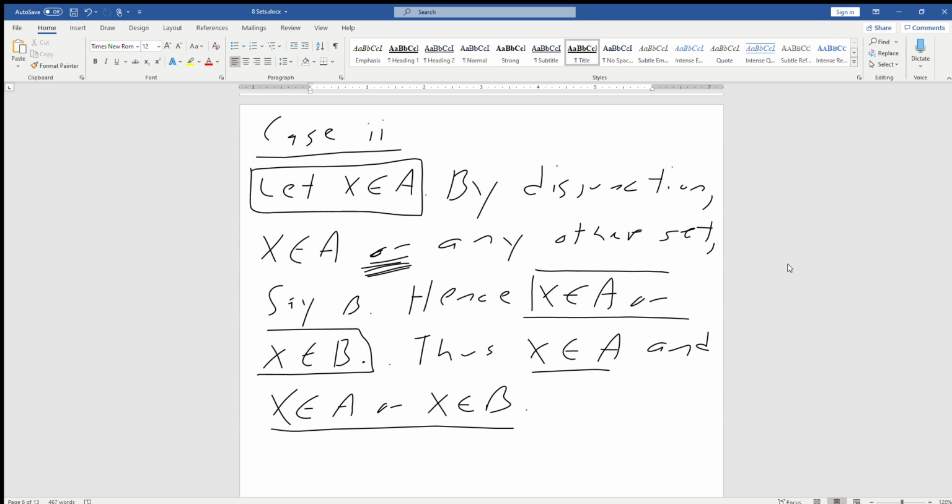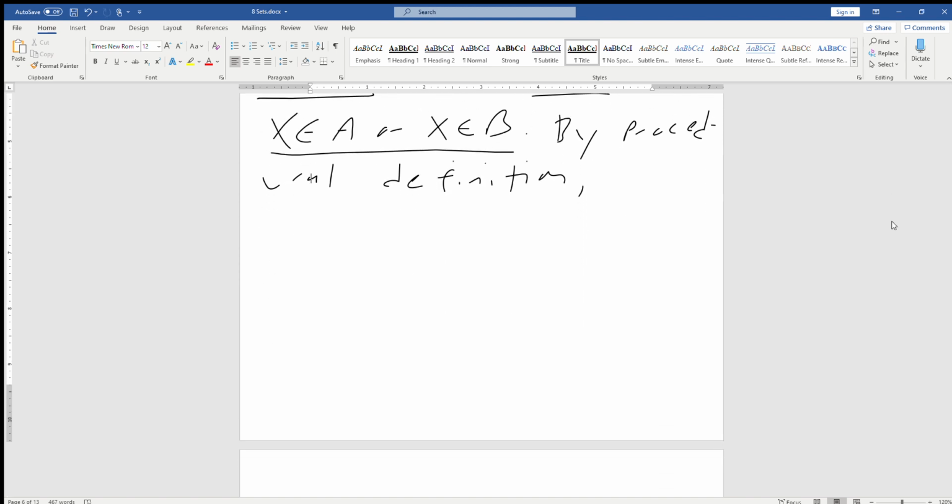And to finish it off, we're going to say by procedural definition, we can say that X is an element of A intersect, actually let me go to another new line with this. So by our procedural definition, X is an element of A intersect (A union B).